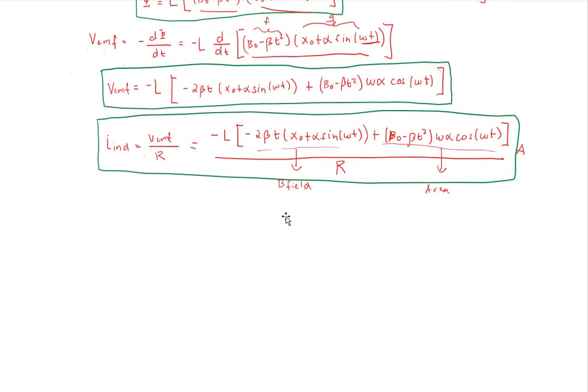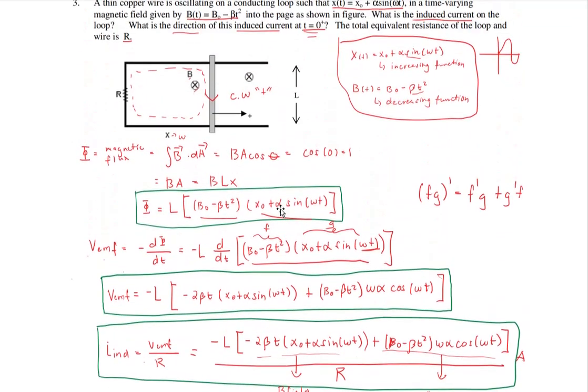If the B field is going into the page and decreasing, Lenz's law says that the system will have an induced B field opposing the change.